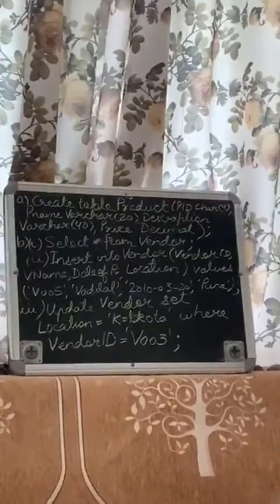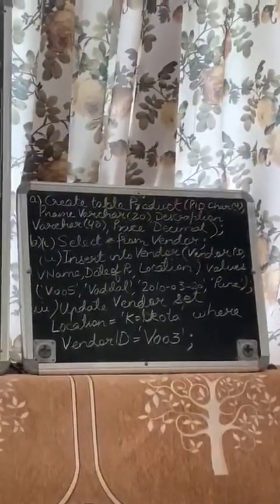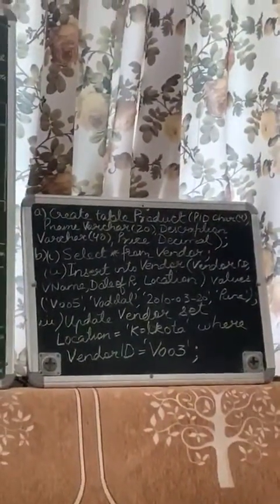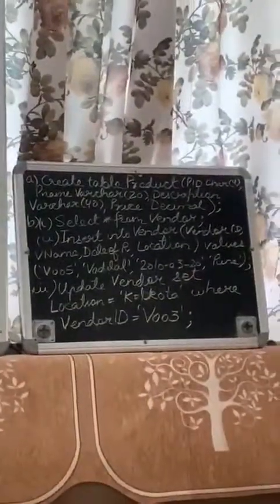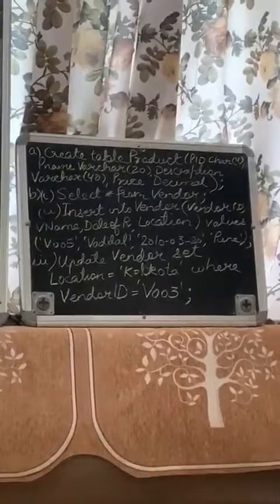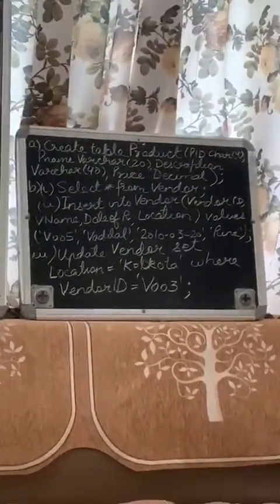Now vendor ID is a primary key, so we have given the condition as vendor ID is V003. We need to select some condition inside the table which forms the basis for updation.